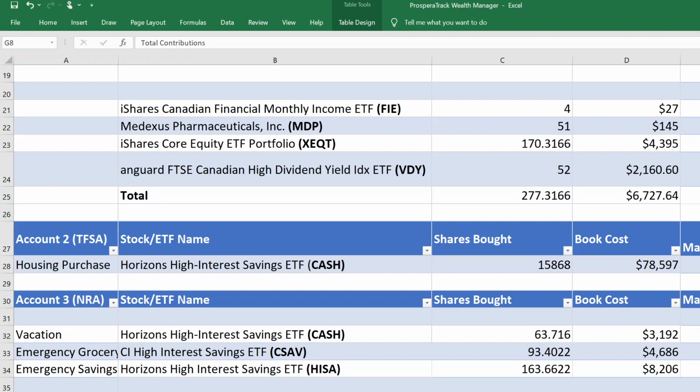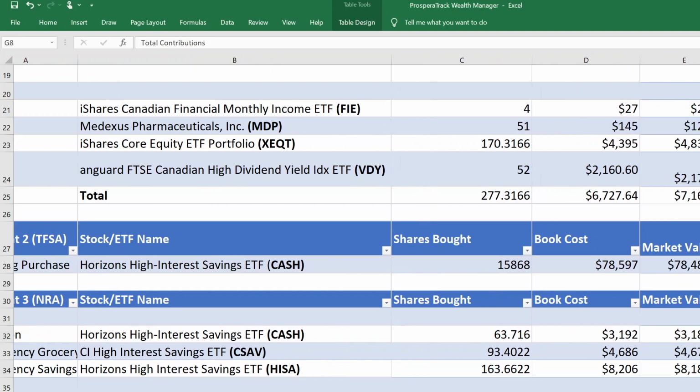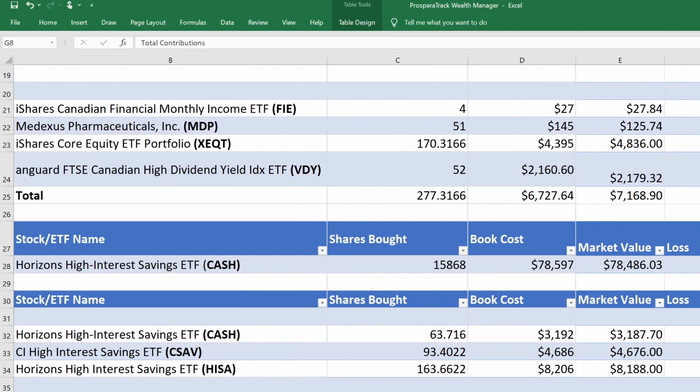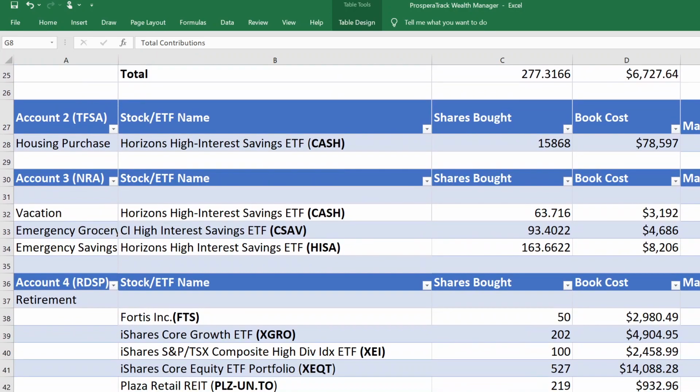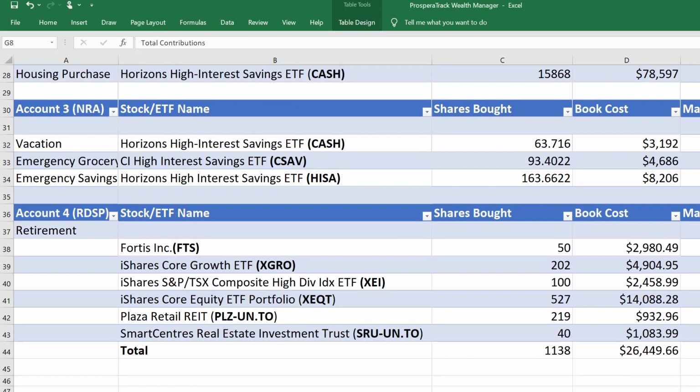I'm currently expecting the dividend for this month, hence why it's showing a loss of 111.02 here. So this particular account again is going to see some significant changes coming soon.